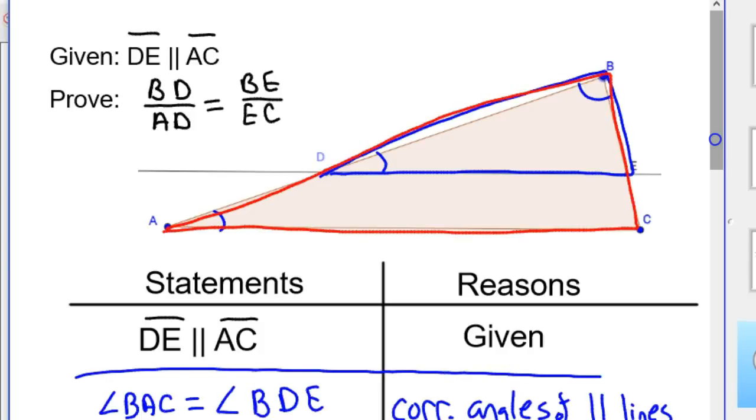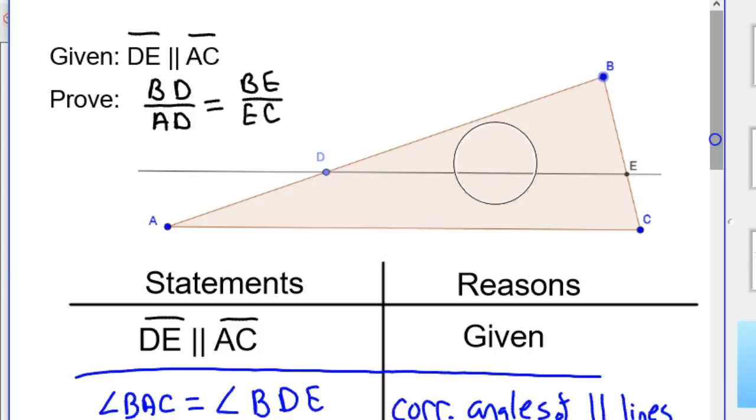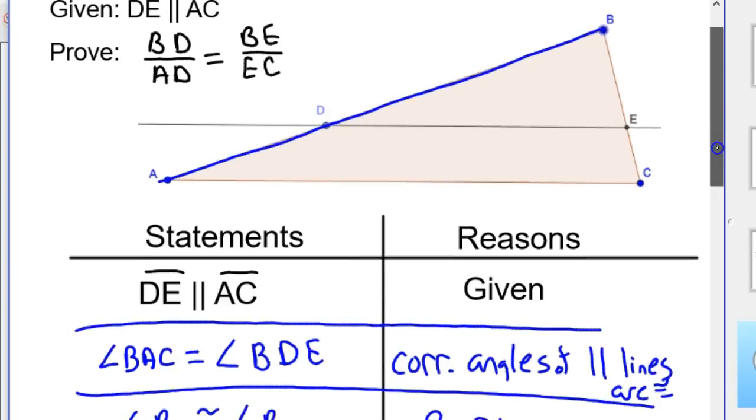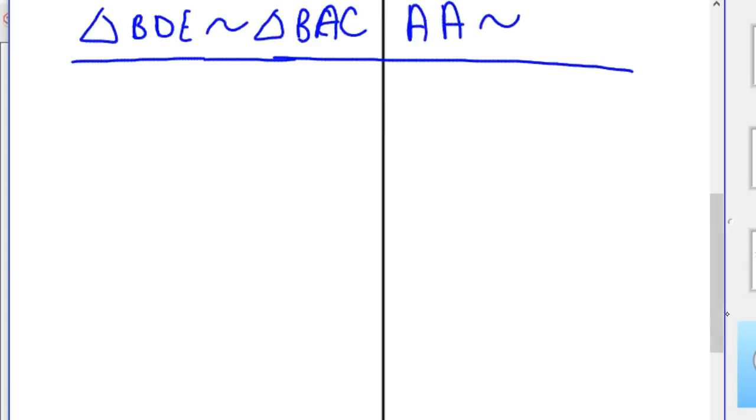Okay, there we go. Once you know that, we can use some information to start setting up some proportions. We also know that this segment is the combination of BD and AD. So that's the next thing I'm going to do here. And we're also going to use the similarity to set up a proportion.